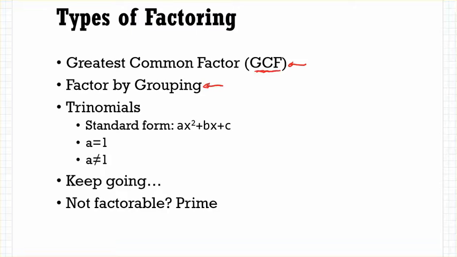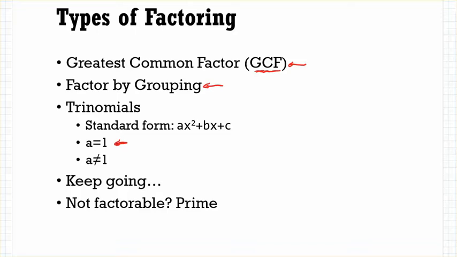With greatest common factor, you're usually factoring out a term or two. In grouping, you're factoring out an expression like x plus 2 or x minus 5. Then later we will do trinomials, and we're just going to do the simpler one when that first term is equal to 1.